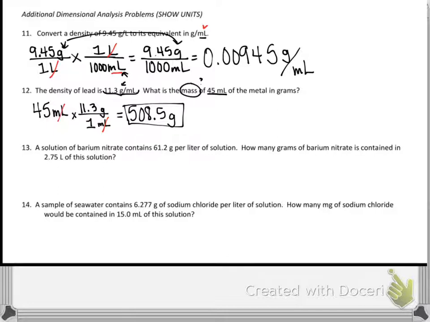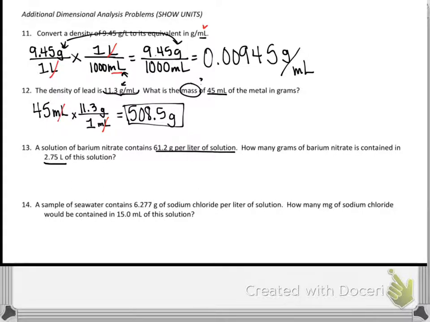Okay. Our next problem: we have a solution of barium nitrate that contains 61.2 grams per liter of solution. How many grams of barium nitrate is contained in 2.75 liters of this solution? Alright, in this case, we have to figure out many pieces of the puzzle. We have to know that 2.75 liters is our given, and that this information will help us get to our answer.